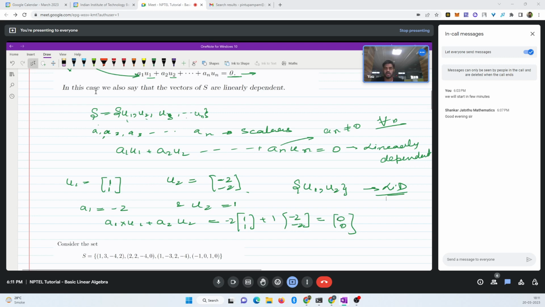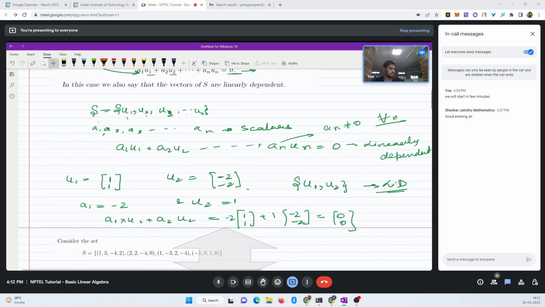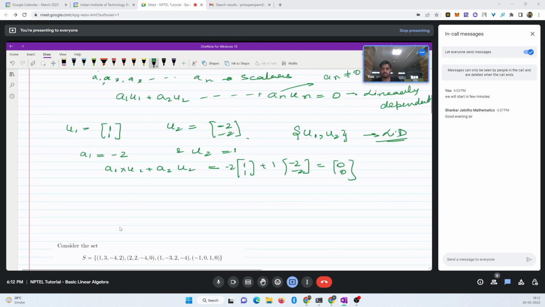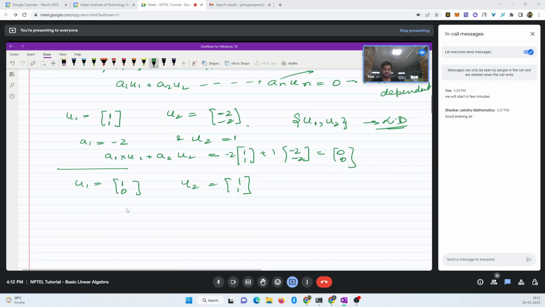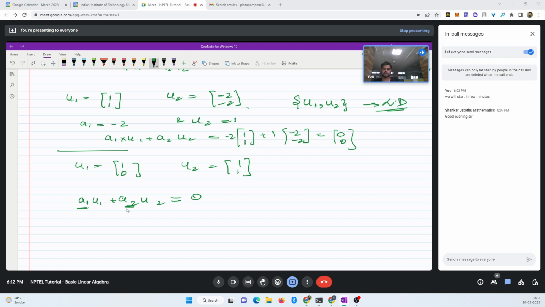I'll give you an example where the set is not linearly dependent, and then we'll move to more concrete examples. Let's take u1 to be (1, 0) and u2 to be (1, 1). Let's try to find a1 and a2 such that a1 u1 plus a2 u2 gives us 0. So a1 times (1, 0) plus a2 times (1, 1) is 0.